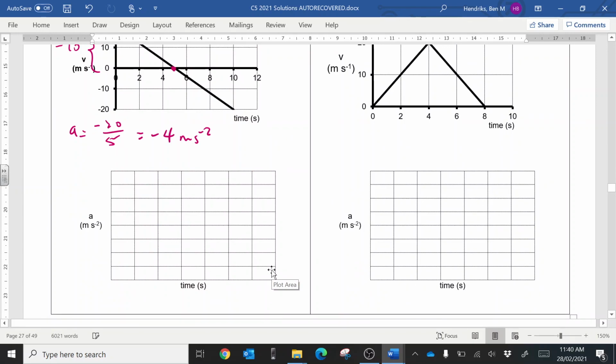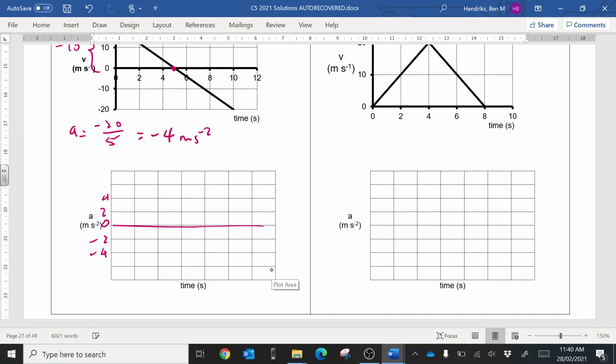So this is again our 0 line across there, and then we've got -2, -4, and 2, 4. It goes for 10 seconds again, so 2, 4, 6, 8, and 10. There we go, it's just a straight line across.